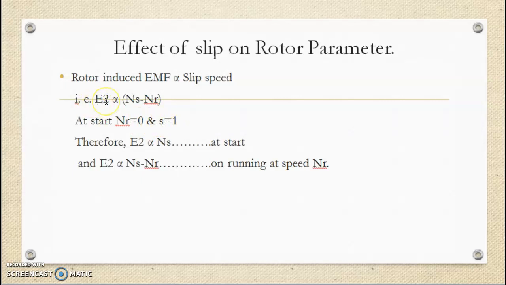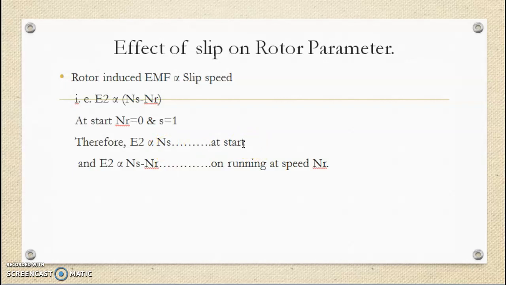The induced EMF in a rotor is directly proportional to slip speed. This is E2, the induced EMF in a rotor at standstill. So this E2 is directly proportional to ns minus nr, that is slip speed. At start nr is 0, so E2 is directly proportional to ns at start.